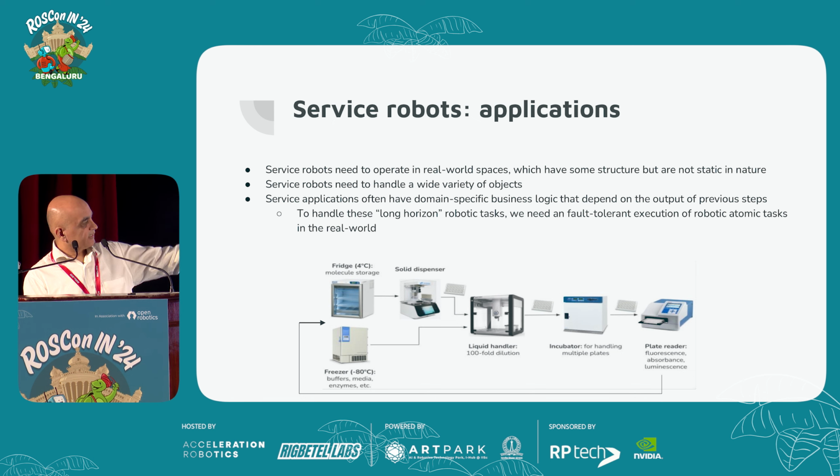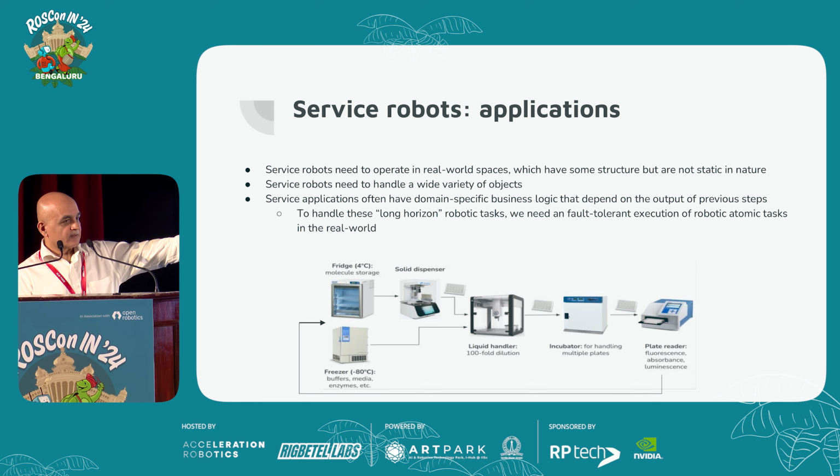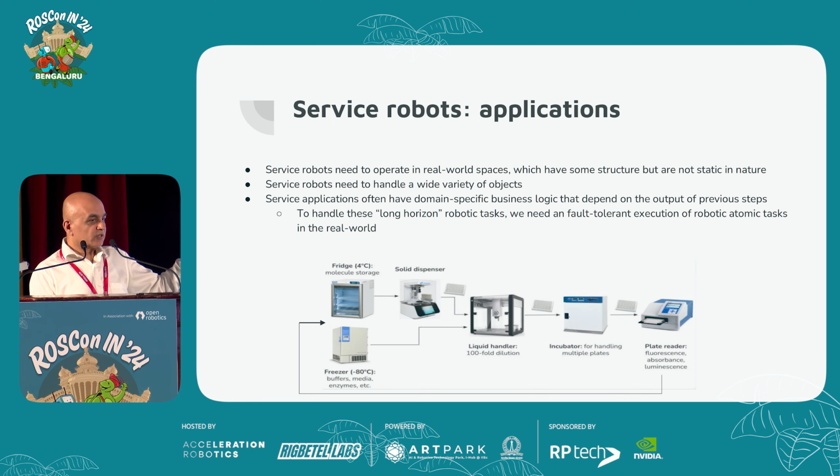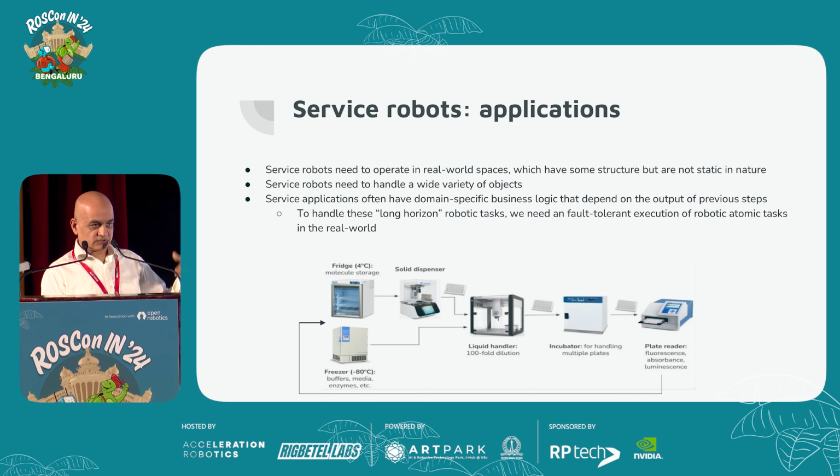What you do in the last stage, a plate reader, decides whether you want to do one more iteration of this loop, or finish. Let's say you're doing PCR testing for the COVID virus. You have to do cycles and keep iterating until you find a certain load. So the number of loops depends on the application logic. It's the business logic in some sense.